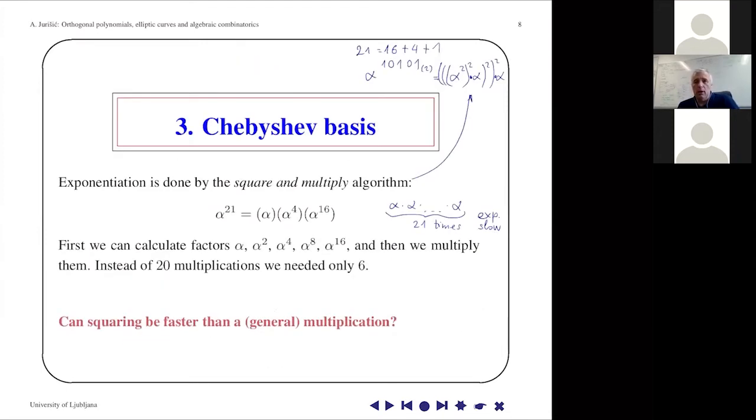Okay, now the Chebyshev basis. Now I have to tell you that I started my studies in mathematics in Slovenia, where functional analysis was really strong, and we studied these orthogonal polynomials. So when I left Slovenia, I thought now I'll do combinatorics. There won't be any polynomials.